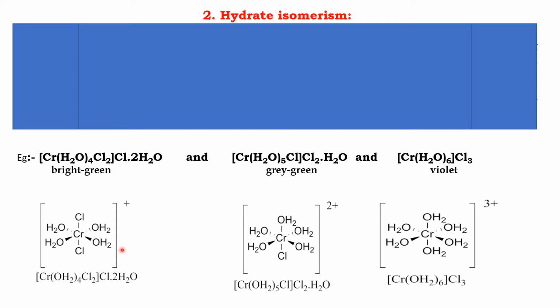See here. I have 4 molecules of water inside this sphere. Here I have 5 molecules of water inside this sphere. And here I have 6 water molecules inside this sphere. And there is chloride ion here also, here also, here also.